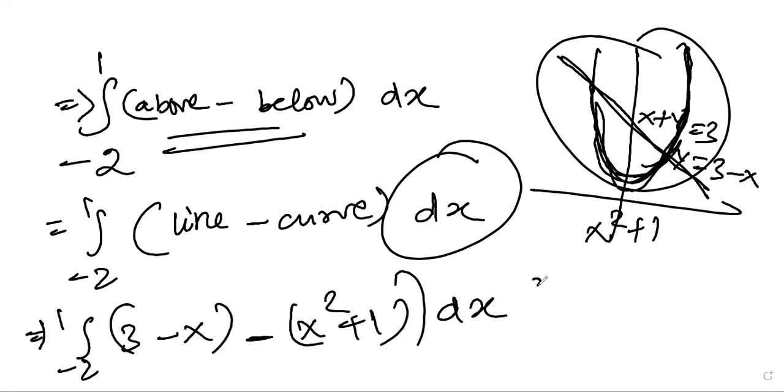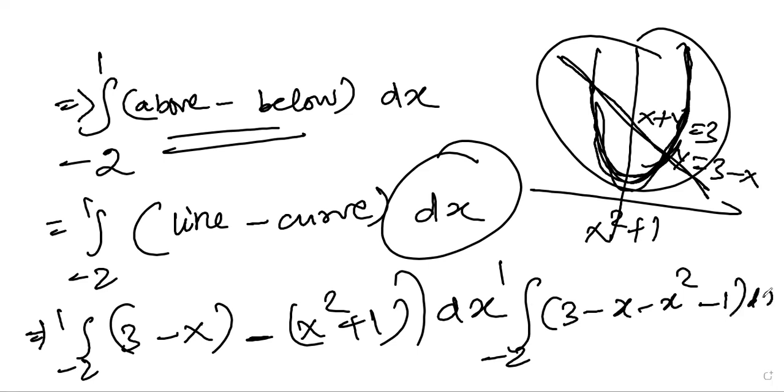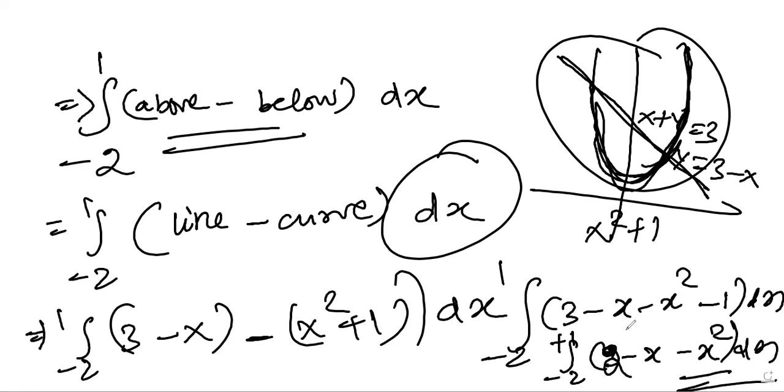Subtract them, from -2 to +1, of 3 minus x minus x square minus 1 dx. So that will give you, from -2 to 1, 2 minus x minus x square into dx. So just integrate them and substitute upper limit minus lower limit.